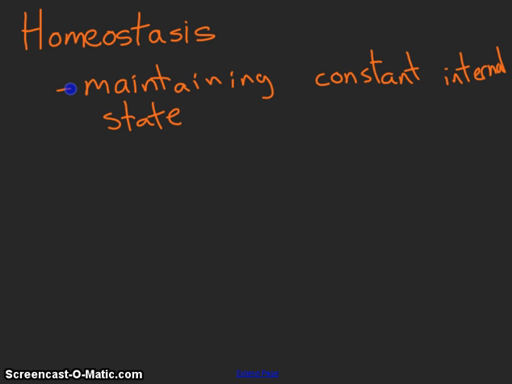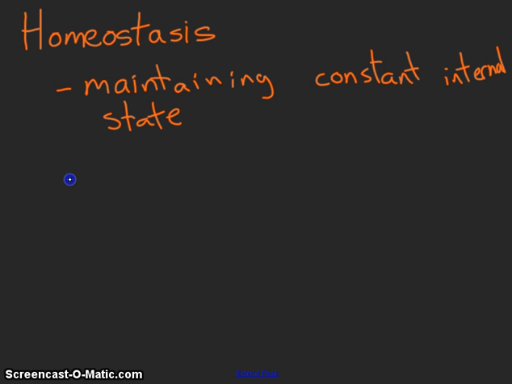Now, that doesn't mean that our levels are exactly the same from every second to every second. In fact, they change. There is a certain range that life lives at and functions fine. And that's kind of what homeostasis is about. But we need to not have these dramatic changes to our body.